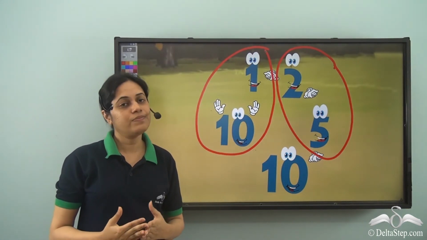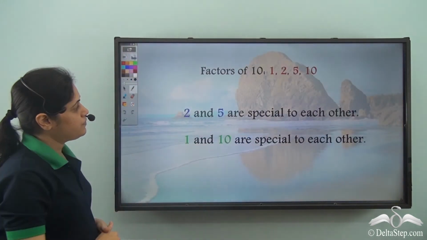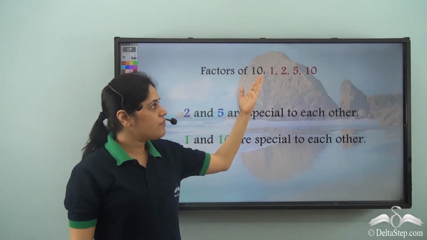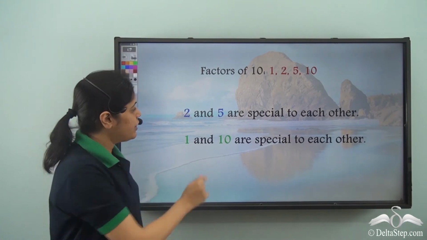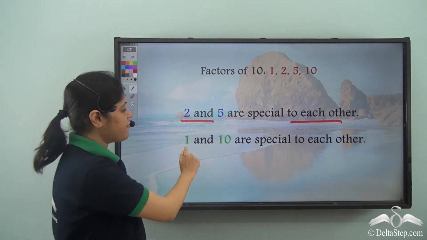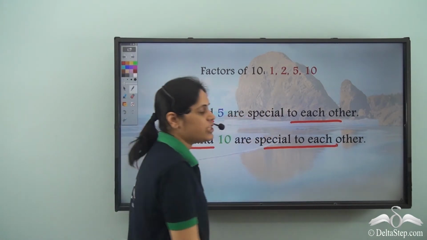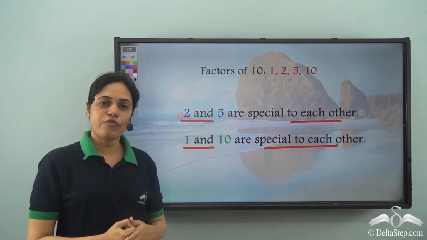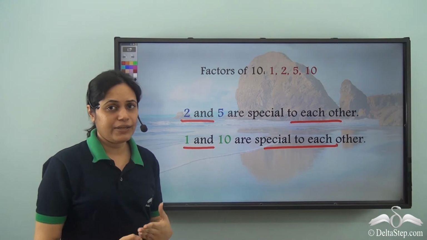Why is it so? Let us see. So factors of 10 are 1, 2, 5 and 10. Now 2 and 5 are special to each other and 1 and 10 are special to each other among these 4 factors. But why?